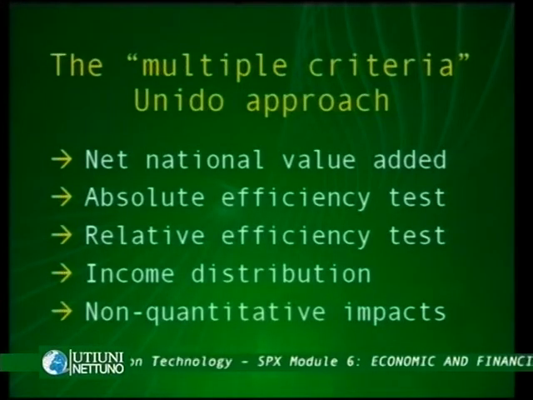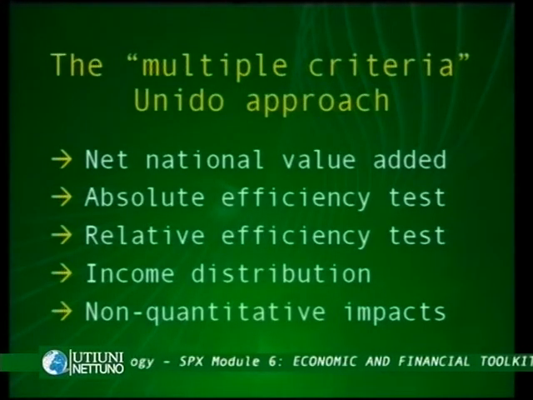And this is important because if wages are higher than value added, the project is generating a negative social surplus that can create problems for the project. And you have a relative efficiency test that basically compares the value added generation to the value of the resources that are employed by the project. So we'll give a more detailed look at this test.